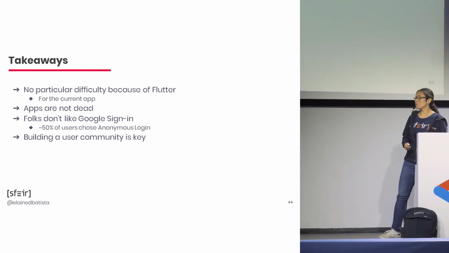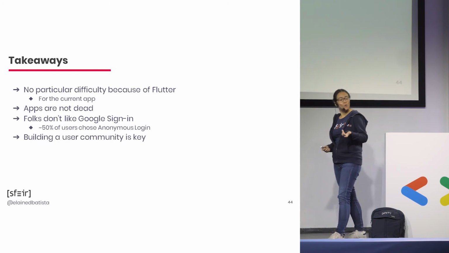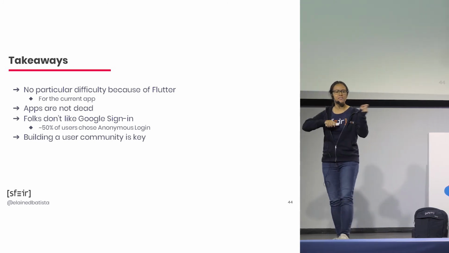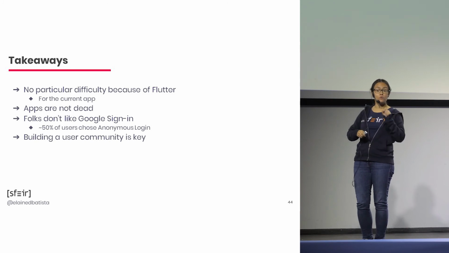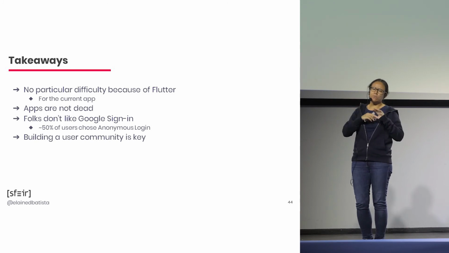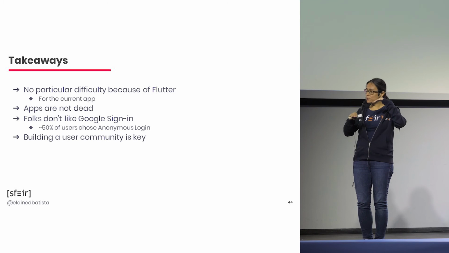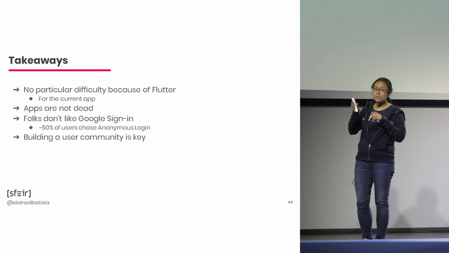One thing that I also learned is that people don't like Google sign-in. In order to sync the data with Firebase, I only put the Google sign-in, and I was like, okay, maybe people don't want to sign in with Google, don't want to sign in at all. So I put the anonymous login too. And I have half and half, basically.